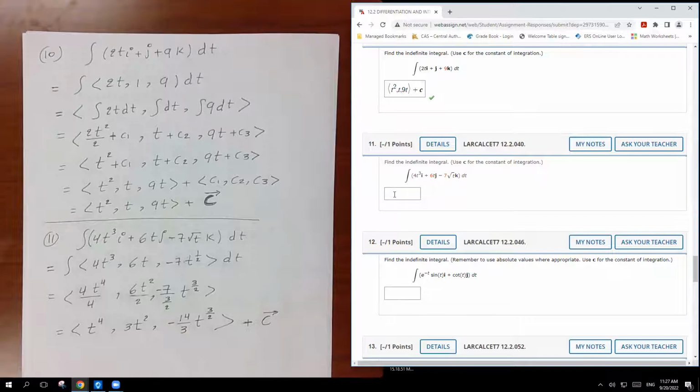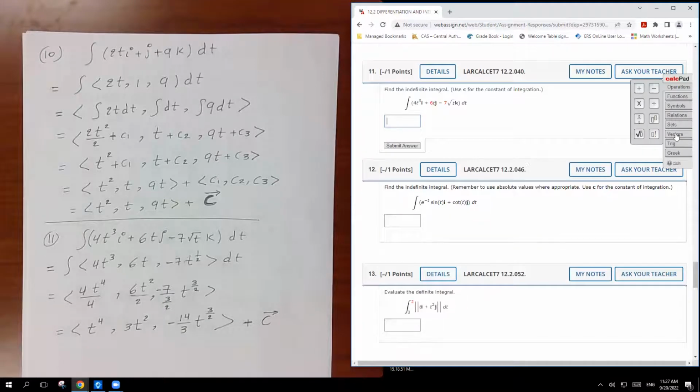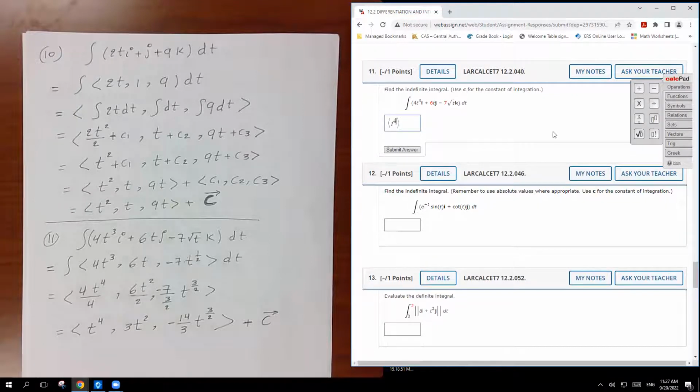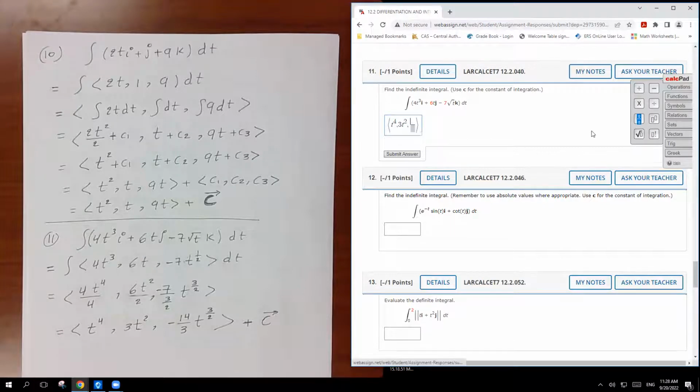So let's check this one. As a vector, we're going to type t to the power 4 over 4, comma, and the second one is going to be 3t squared, and the third one is going to be negative 14 over 3, and here it is going to be t to the power, and the fraction on the power.